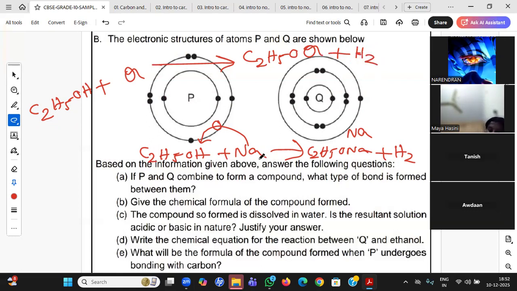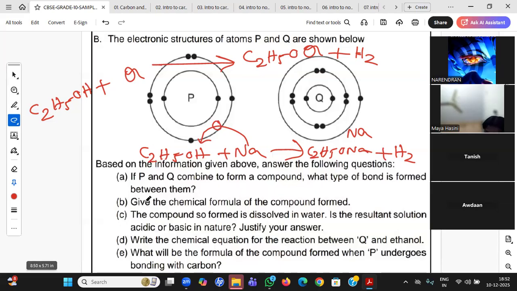So with the help of yesterday's revision only, we are doing all the questions. So in the start of the answer itself, if we write Q is sodium and P is oxygen, then can we write it in sodium and oxygen ways, or do we have to write it in P and Q? One second, let me think. Electronic configurations of atoms P and Q are shown below. Based on the information given below, answer.